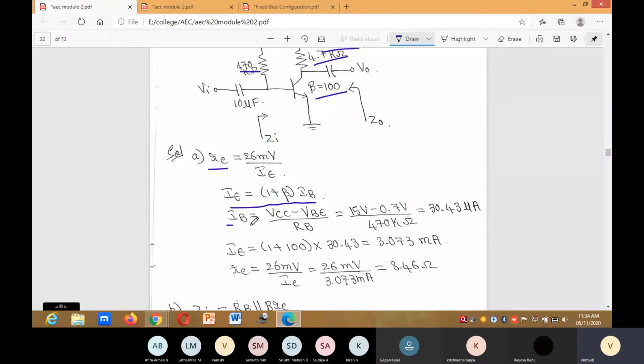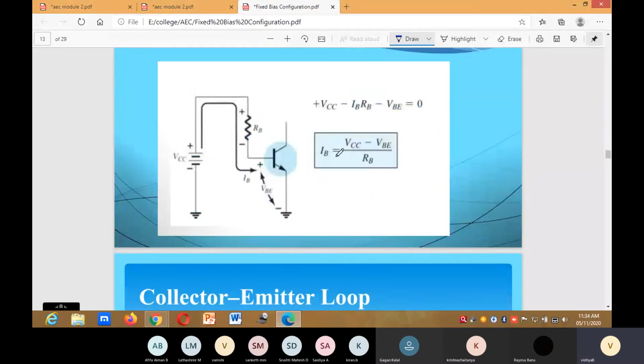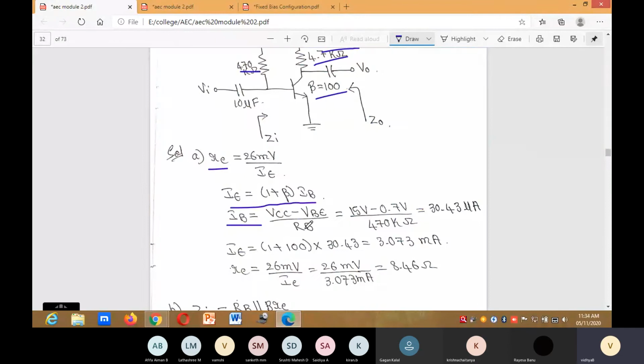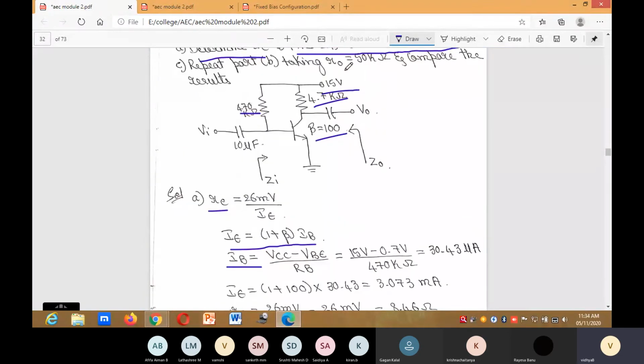We know that IB is equal to VCC minus VBE divided by RB. VCC value is 15 volts minus VBE is 0.7. RB value they have given as 470 kilo ohm. Substitute, and you will get IB value as 30.43 microamps.